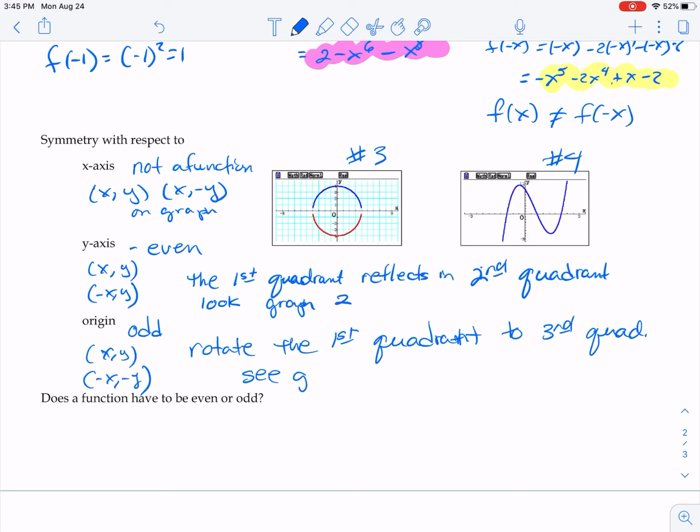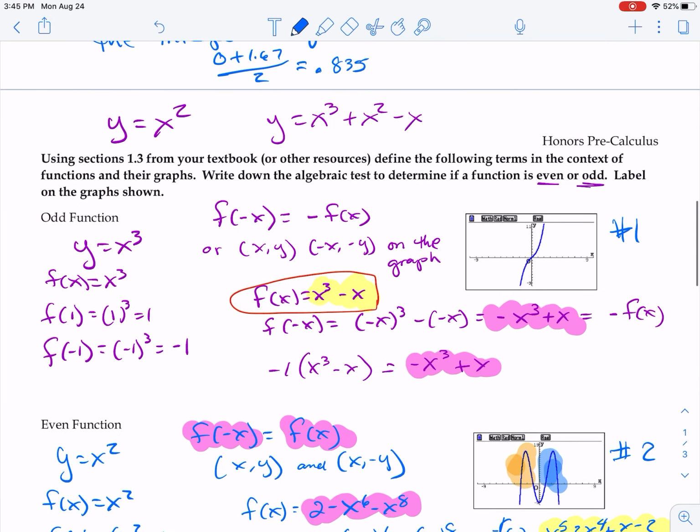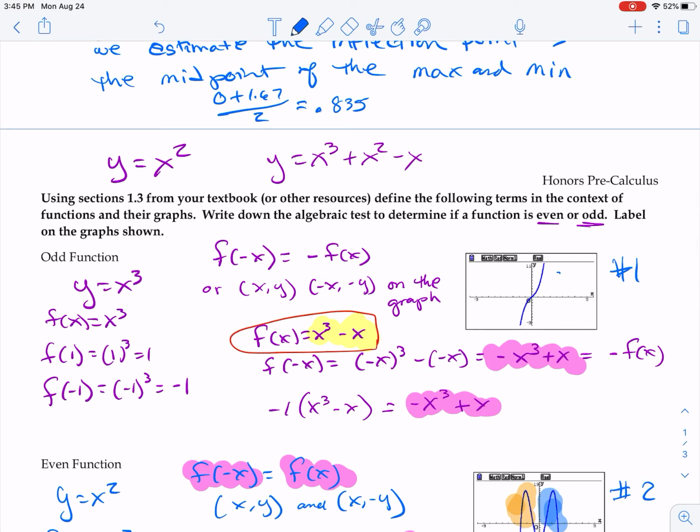See graph number 1. Okay, so we go up here. This is the first quadrant. If I rotate it, it ends up in the third quadrant.